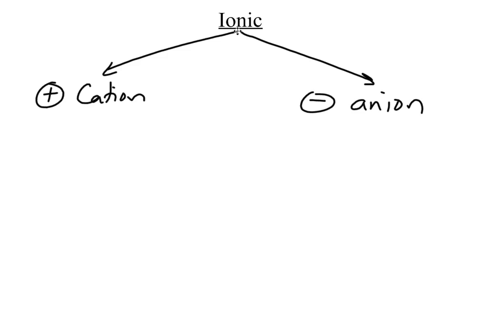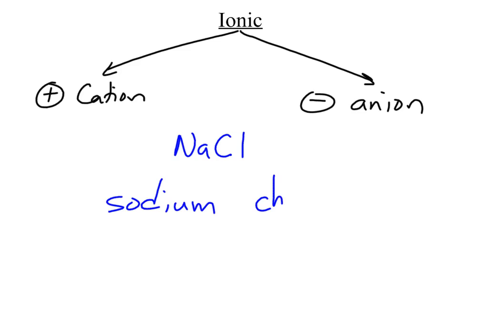Naming an ionic compound simply involves taking the cation name, putting that down first, and the anion name, putting that down second. So for instance, if you looked at NaCl, the metal part here is sodium, and the nonmetal part is chlorine, although we will change the ending of that second element, the anion, to "ide."